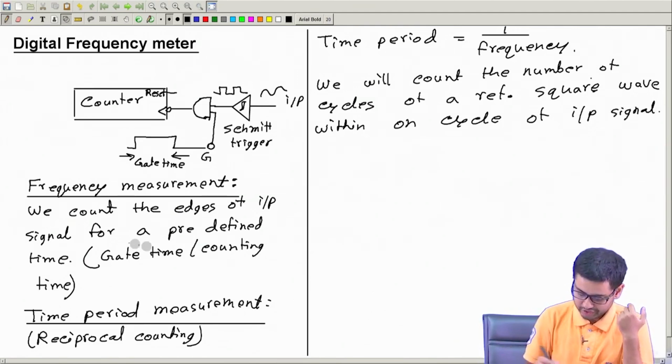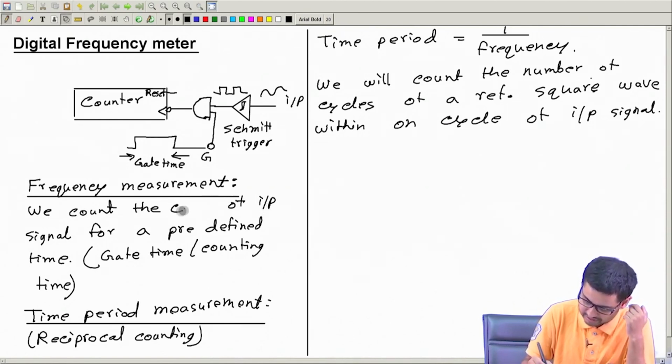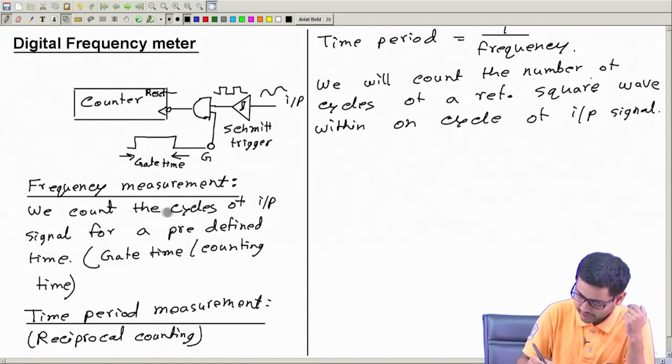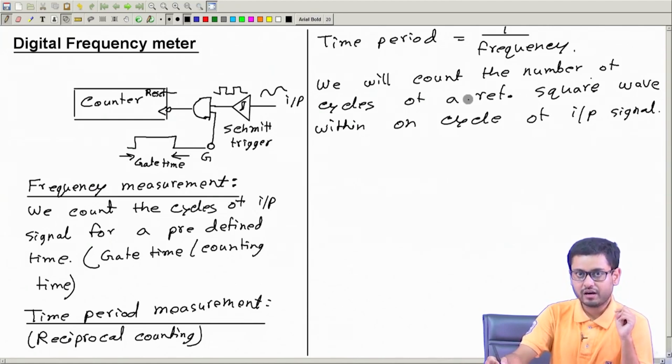Okay. In frequency measurement, we count the number of cycles of input signal within a predefined time, and here instead of counting the input signal, we count another signal, a reference signal with known frequency.